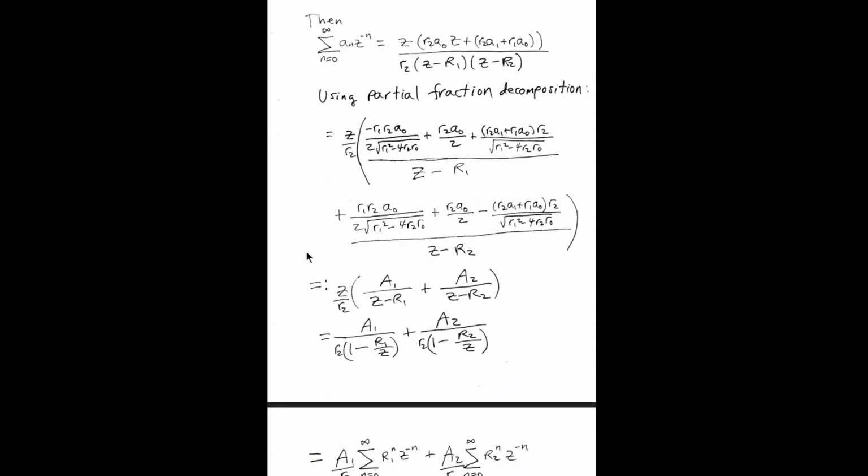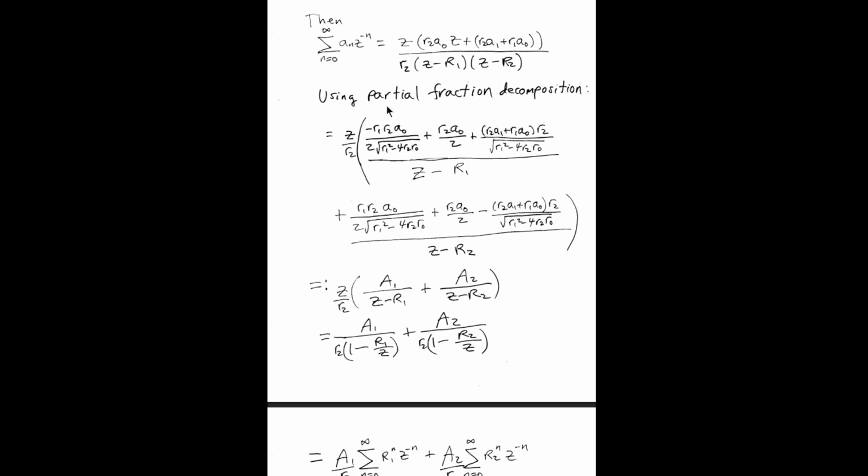Then over the square root of our discriminant. That's all over z minus capital R1. And then our second term will be very similar, just a couple of changes of signs. That minus will turn into a plus, and this plus will turn into a minus. And this will be all over z minus our second root, capital R2.